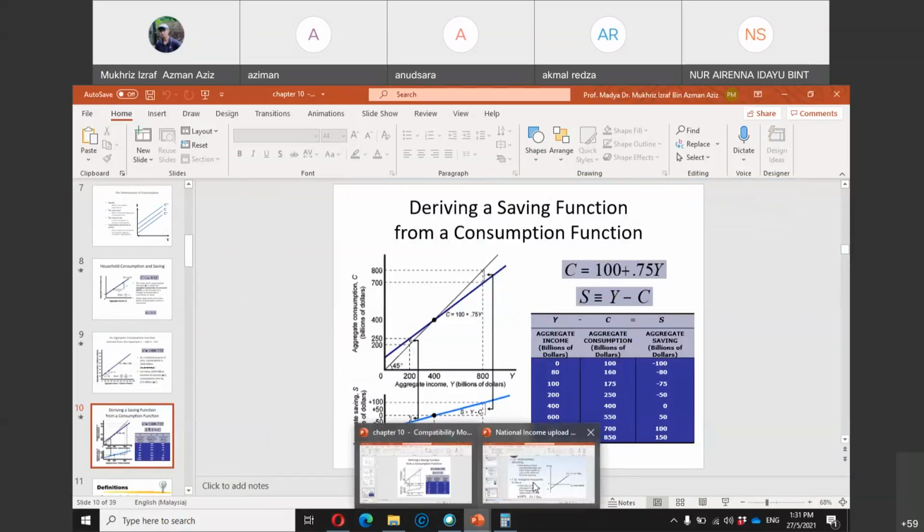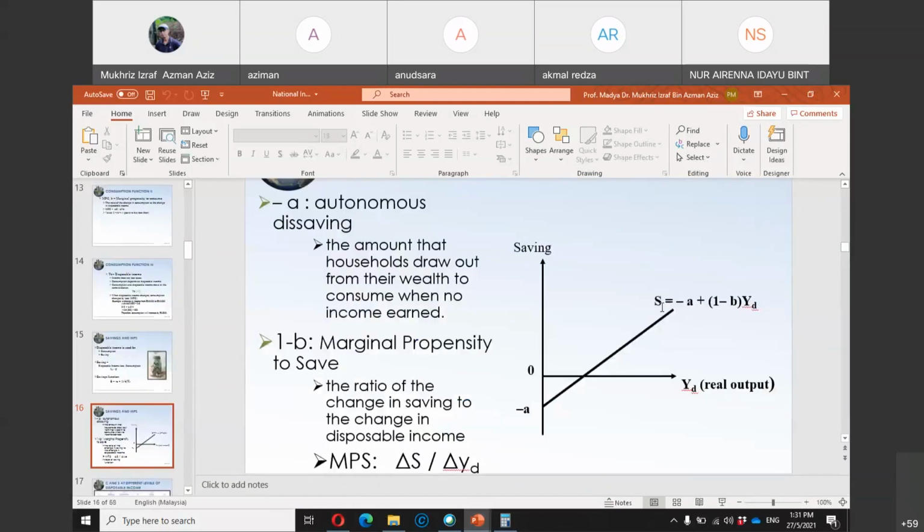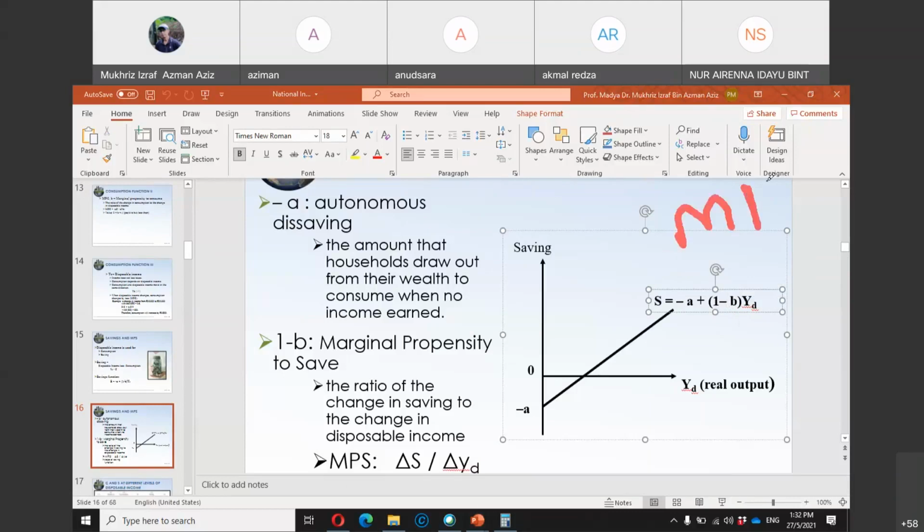So here you can see that the saving function can be written as negative A plus 1 minus B. Why 1 minus B? Because this part, 1 minus B, is what we call MPS, marginal propensity to save.